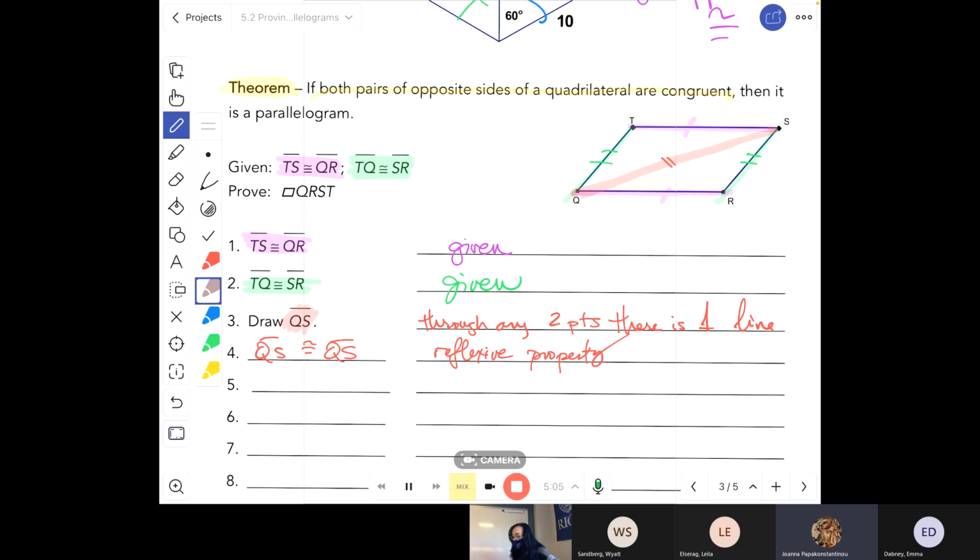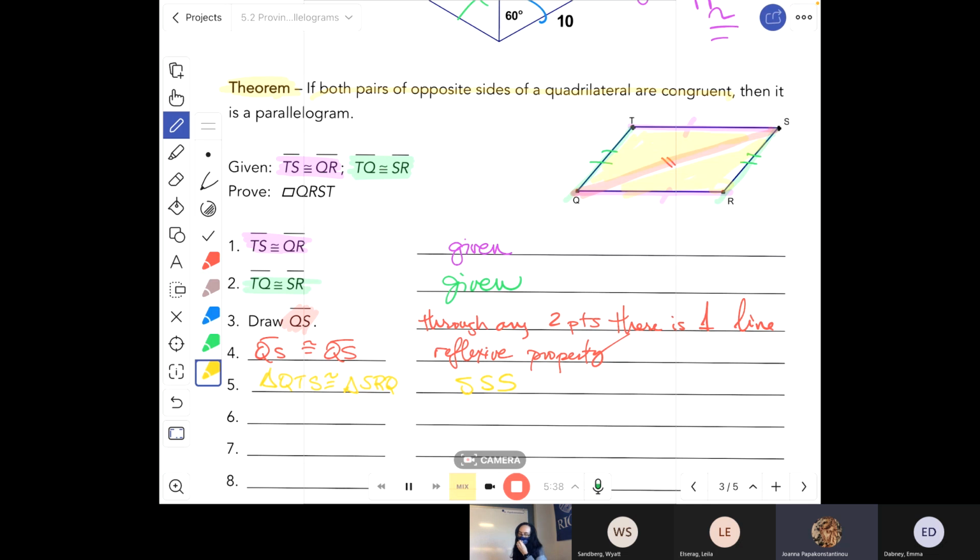By drawing that diagonal, we now see what? What do you see? Okay, so I see two triangles, right, that are congruent. I have this triangle is congruent to this triangle because of the reason you just said, side, side, side. So I'm going to say triangle QTS is congruent to triangle SRQ.